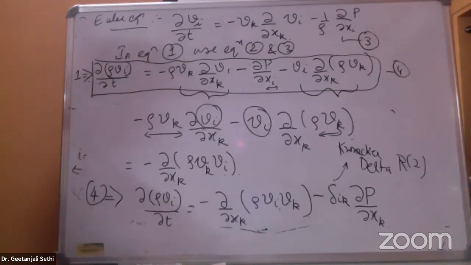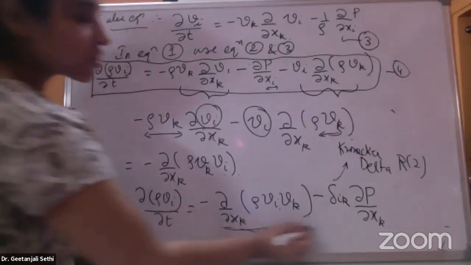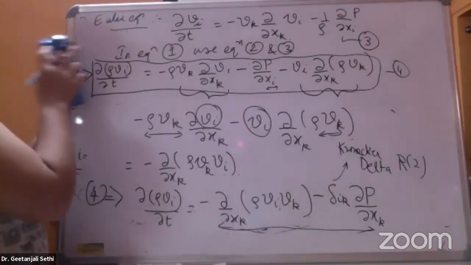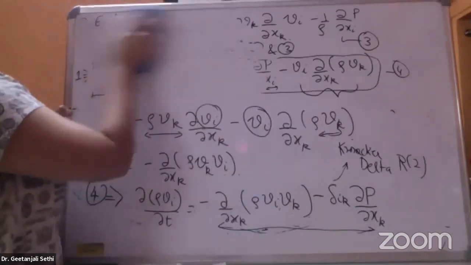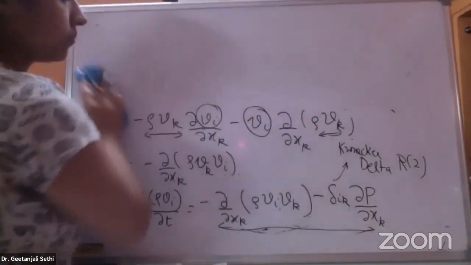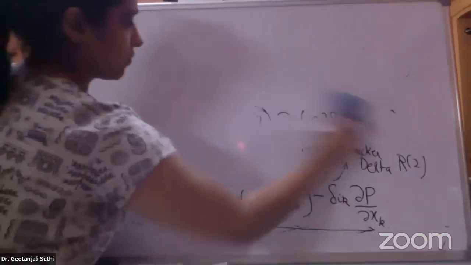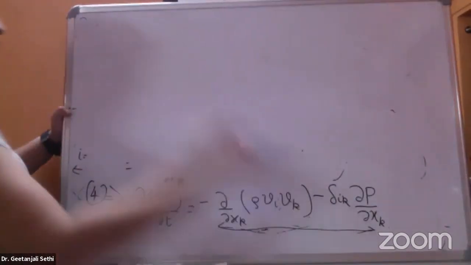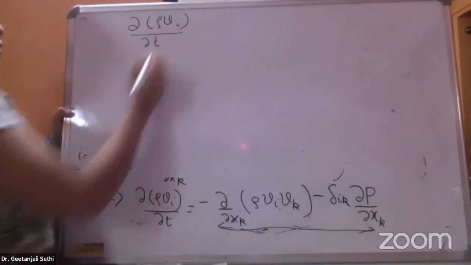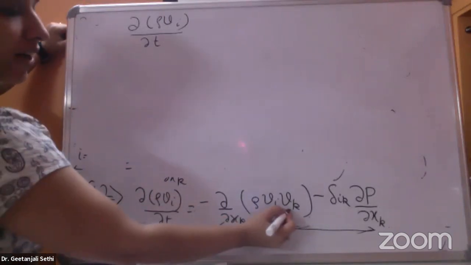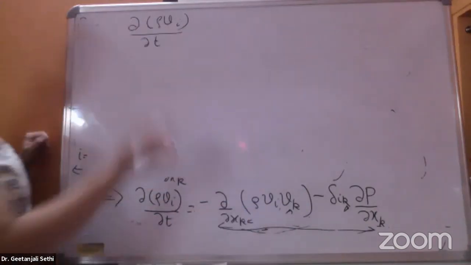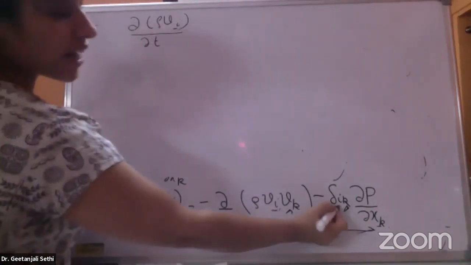Wonderful. Now, if I do this change, I can write my right-hand side as del rho Vi by del t. You must see carefully, k is summed over, it's not a free index. The only free index on the left hand side is i, and the only free index on the right hand side is also i.